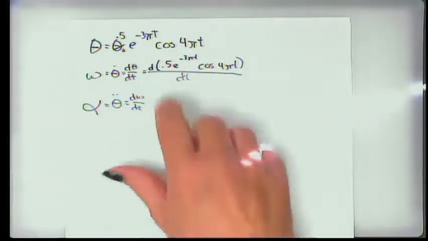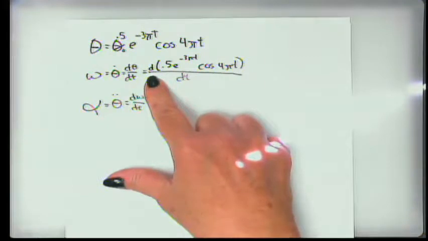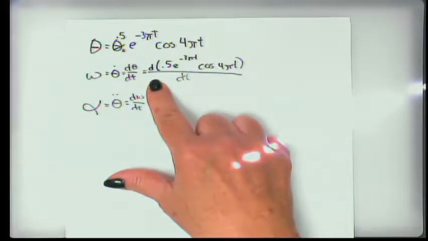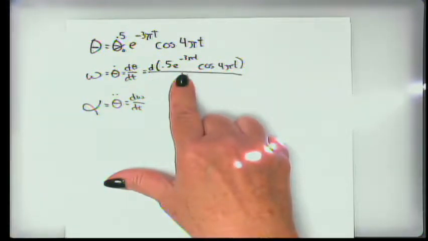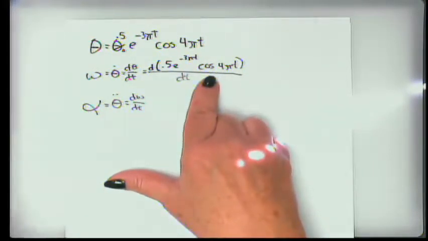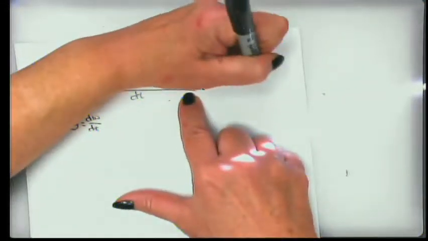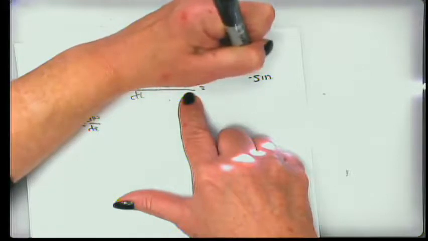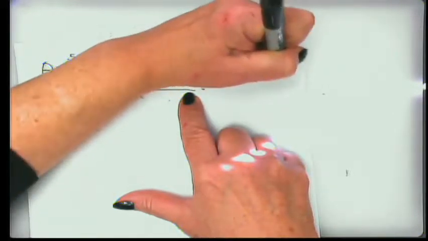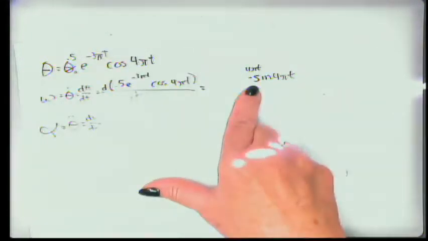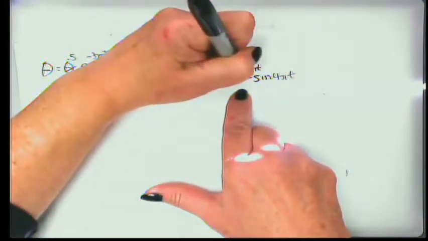Okay, so I had to write it out to make sure I did that correctly. Yeah, so cosine differentiates to minus sine. So the last term over here is minus 4 pi t sine 4 pi t.